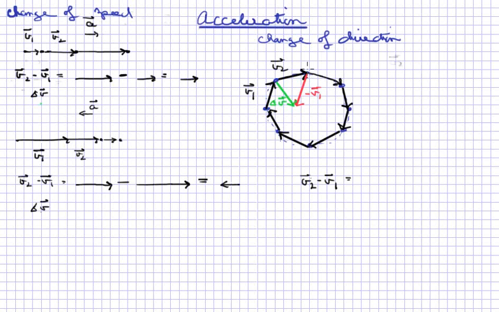Now over here there's a new scenario. This is an object that is moving at constant speed, but the velocity is changing because its direction is changing. And so what I'm meaning to communicate here is that there's a circle on which this is moving.